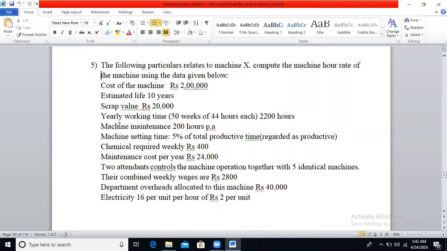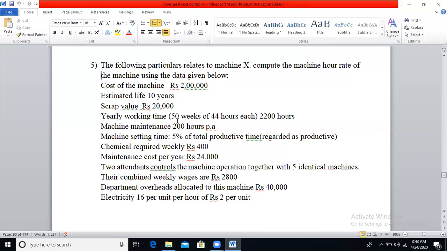See, here they have given yearly working time. If they have given yearly working time, it means we have to consider the standing charges on a yearly basis. So you have to convert chemical required given on a weekly basis into a yearly basis. It means you have to multiply 400 into the number of weeks they have mentioned in a year. Here it is 50. If they have not mentioned 50 weeks in the problem, then you have to consider 52 weeks in the solution.